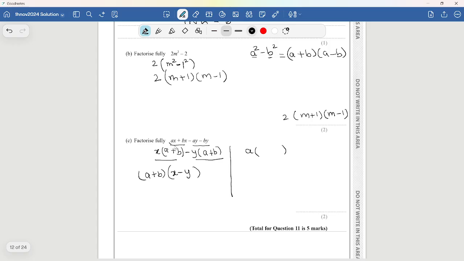From these two terms, if I take out a as a common term, then I have x minus y remaining inside the parenthesis.